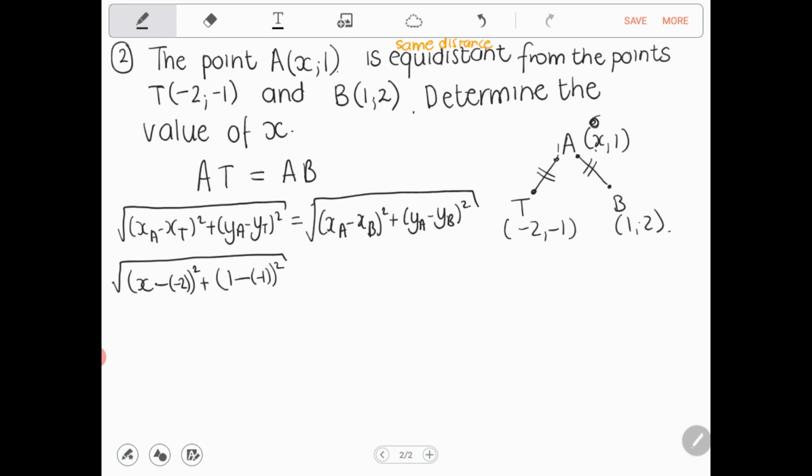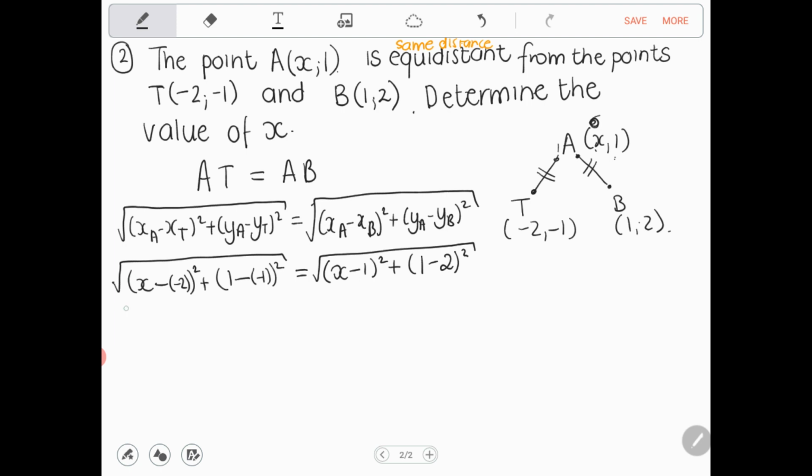So that's all the information from A and T. Now we look at A and B. Okay, again, x at A is an x. X at B is a 1. Y at A, here it is here, a 1. Y at B is a 2.